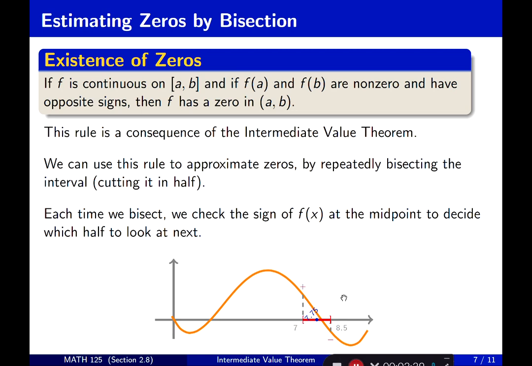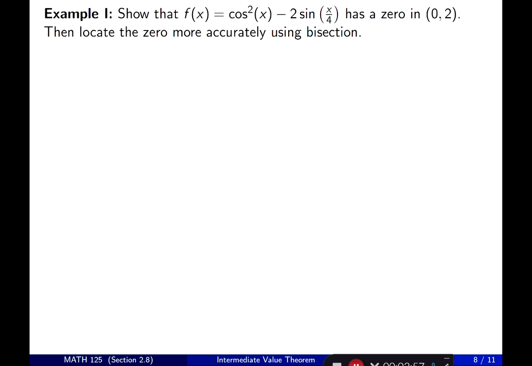Now you bisect it again and again, pairing up the midpoint with the endpoint that has the opposite sign, and do that repeatedly, and you see that the interval gets smaller and smaller.